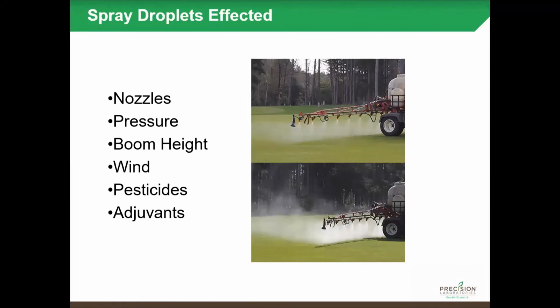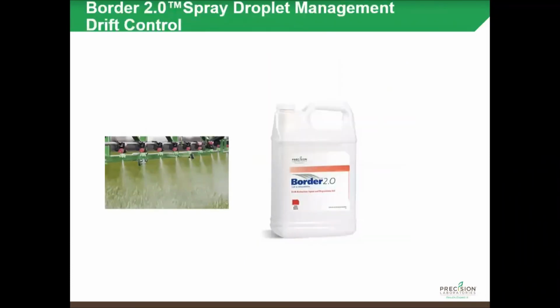Drift may be of a bigger concern than others, but what we're after is what we're seeing on the top, where all of the spray is going down to the target so that we get the most efficacy, and get more of that active ingredient going to work for you. We have a product called Border 2.0, and it is designed for drift control, but it also has surfactants in it.